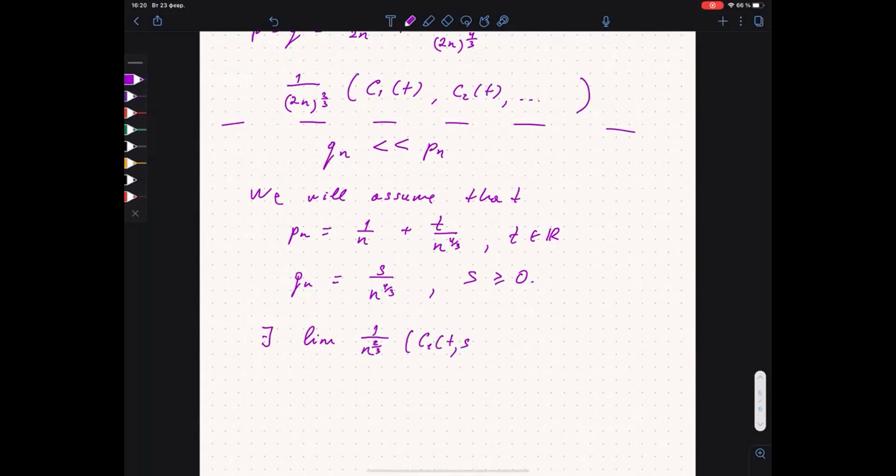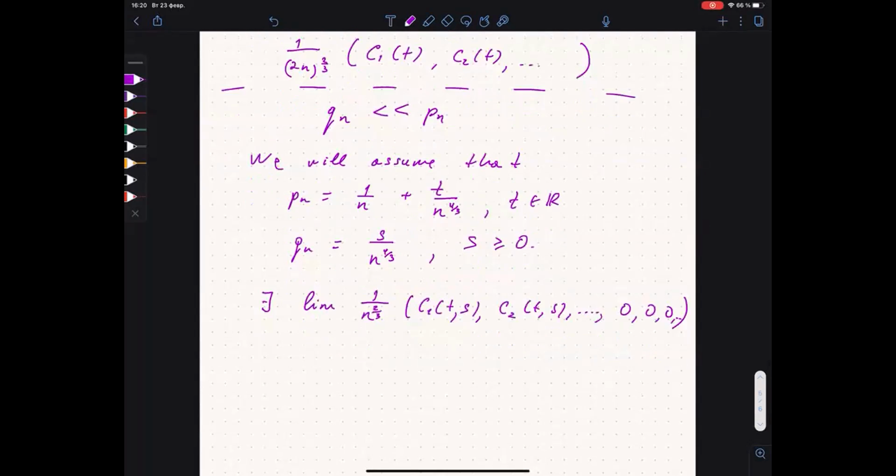I also will put here, I mean, the sizes of connected components depend on t and s now. I will fix them here, and so on. After some number, we put zeros to have an infinite vector.